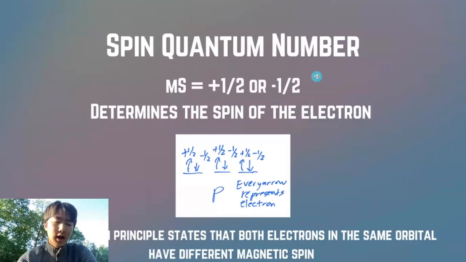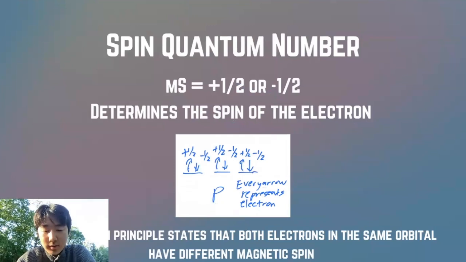And last but not least, the last quantum number we have is the spin quantum number, right? The spin quantum number is denoted by ms, which is either positive 1/2 magnetic spin or negative 1/2 magnetic spin. It determines the spin of the electron inside the orbital inside the subshell.